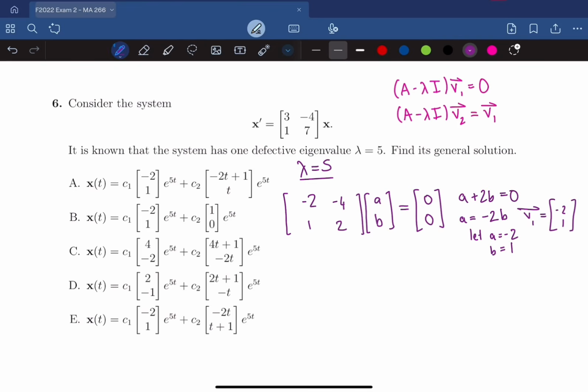So that's pretty simple. It's something you're probably used to. That's just the normal process of finding an eigenvector. But the different part of this problem is the defective part. So for our defective eigenvalue, we're going to find our generalized eigenvector.